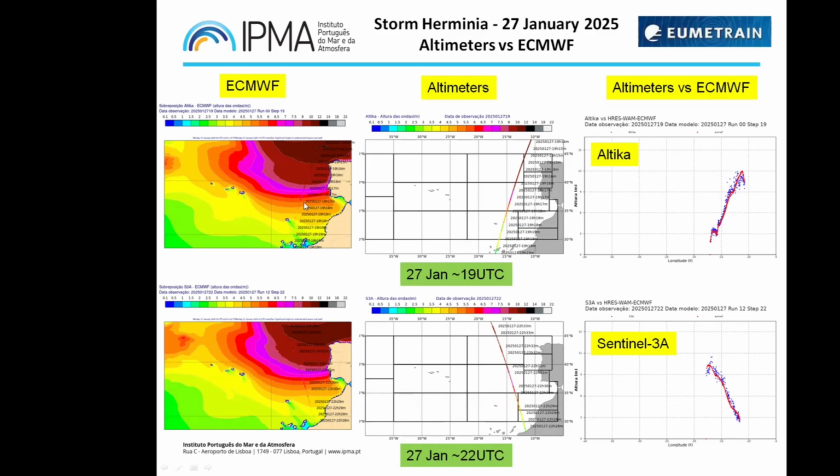This is superimposed with a passage of the respective altimeter, and in the center we have that isolated path of the altimeter for the same period, and on the right we have the comparison between the observation and the forecasted values, and there is a good correlation with waves reaching values as high as 12 meters.